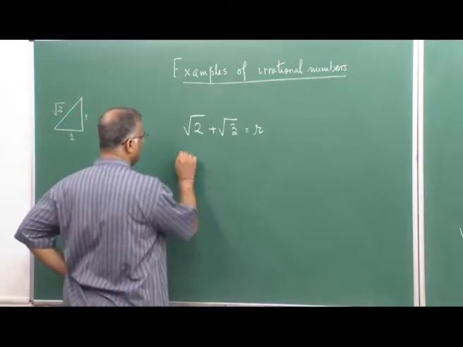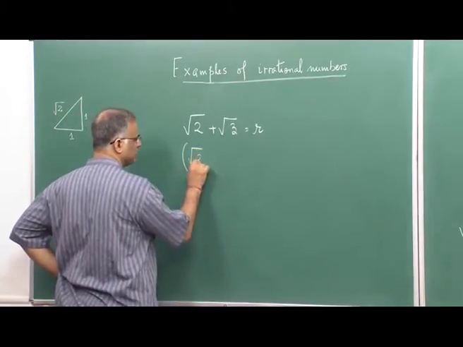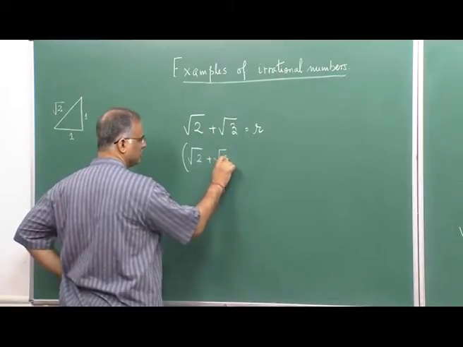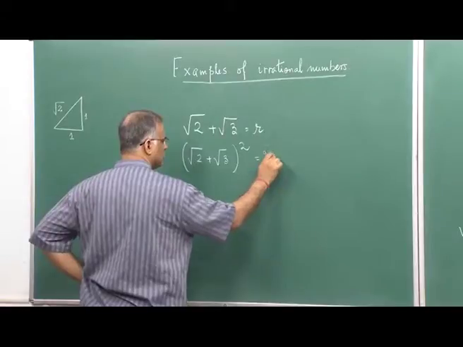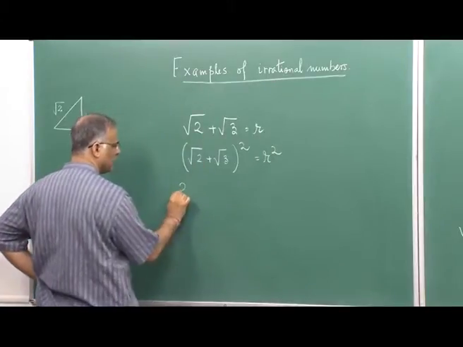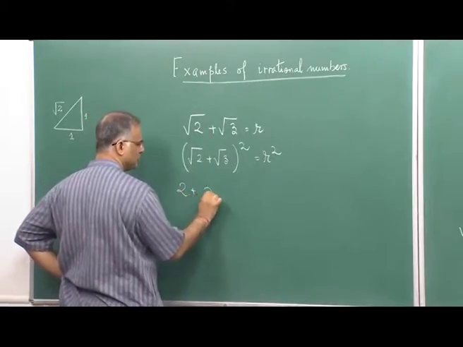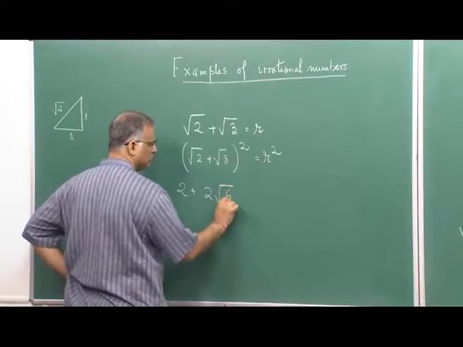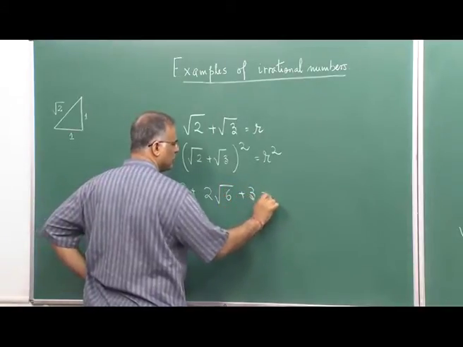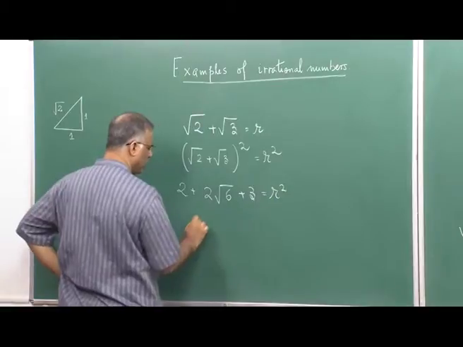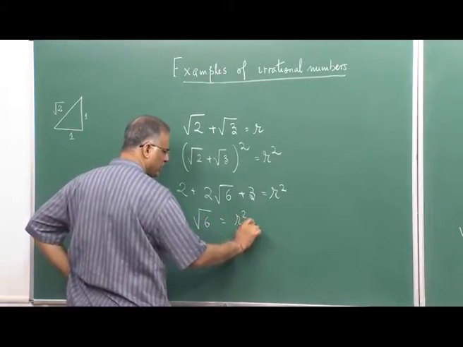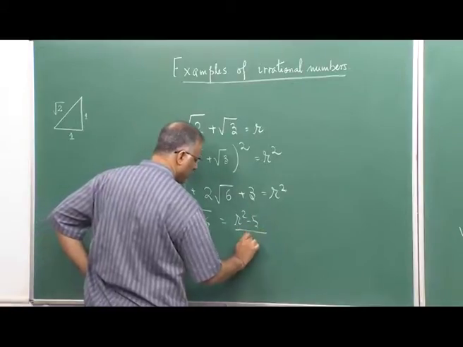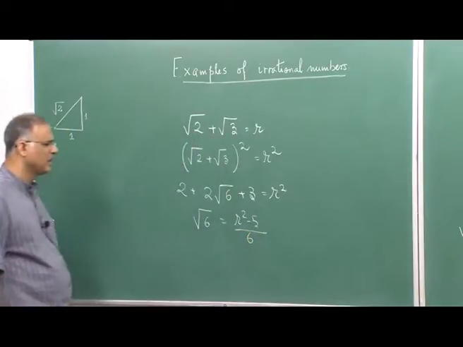If I square it, this is what you get, or in another way you get root 6 is (r square minus 5) by 2.